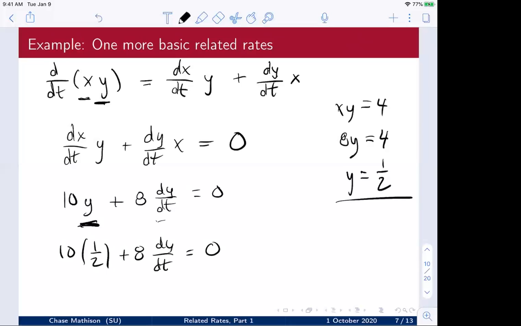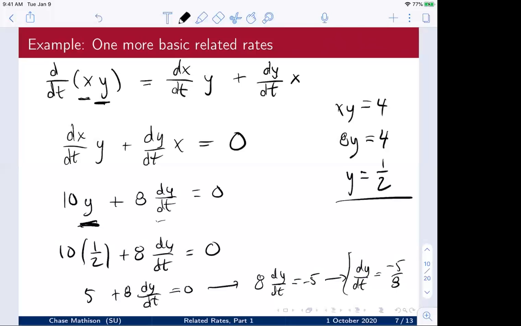Because this tells me 10 times 1/2, well, that's 5, and then plus 8 dy dt equals 0. That tells me 8 dy dt is equal to -5, and that tells me dy dt is equal to -5 over 8. Okay.